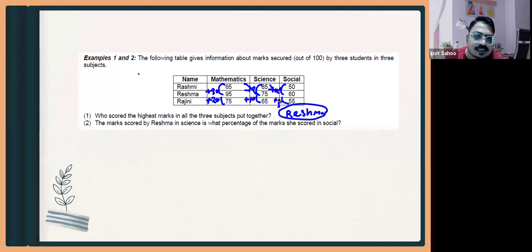Tejasri, yes. Okay. If it is clear, all of you answer the second question and tell me what the answer is. All of you try the second question and tell me the answer.